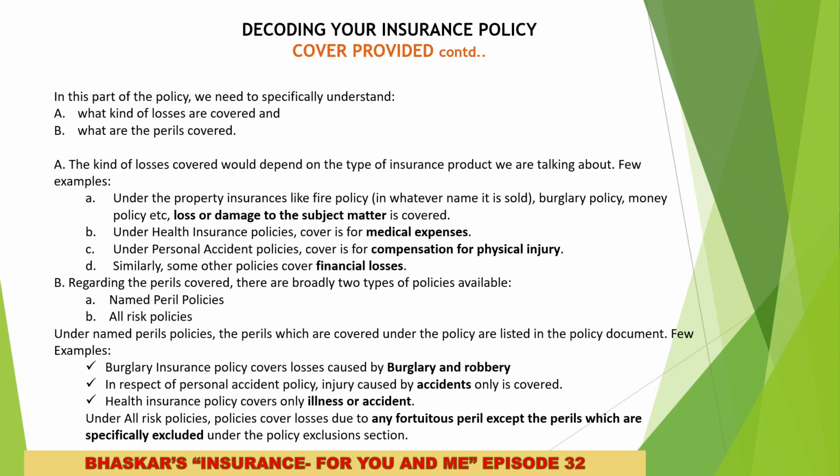In respect of a personal accident policy, injury caused by accident only is covered. A health insurance policy covers only illness or accident. So burglary, robbery, accidents, illness, these are all treated as the insured perils for these policies. Under all risk policies, the policies cover losses due to any fortuitous peril except the perils which are specifically excluded under the policy exclusion section.